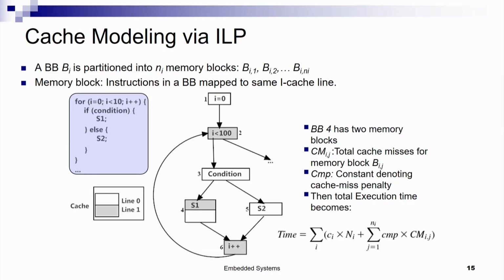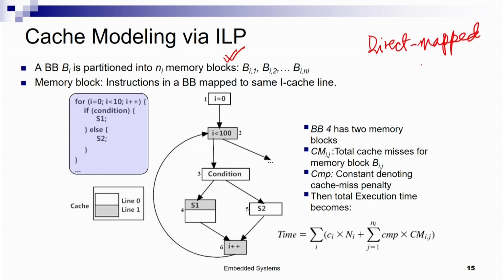Let us say that a basic block BI is partitioned into NI memory blocks. We are considering here a simple direct mapped instruction cache.